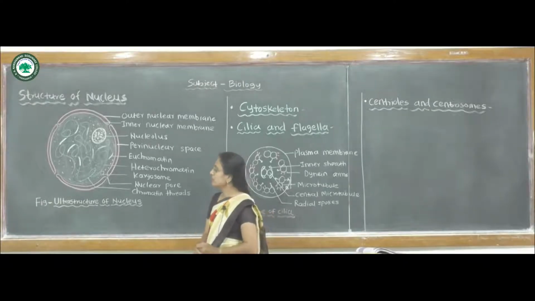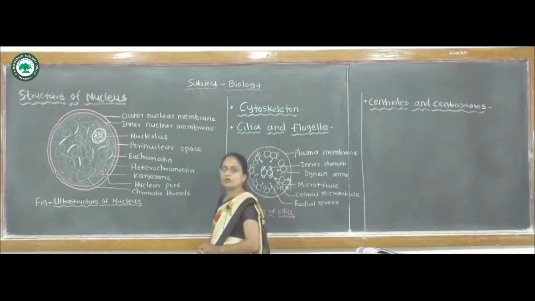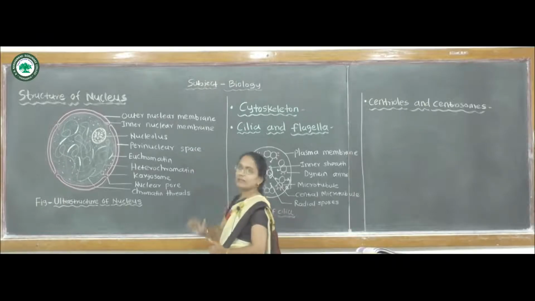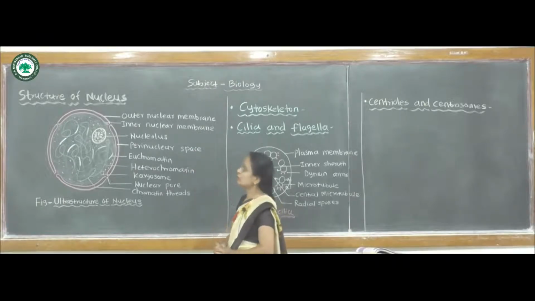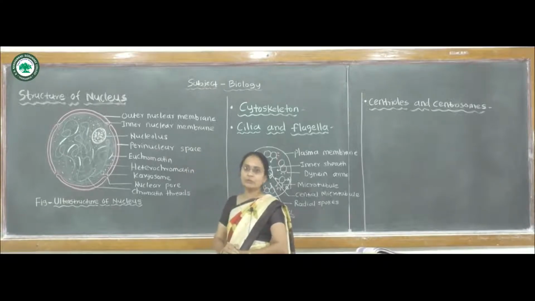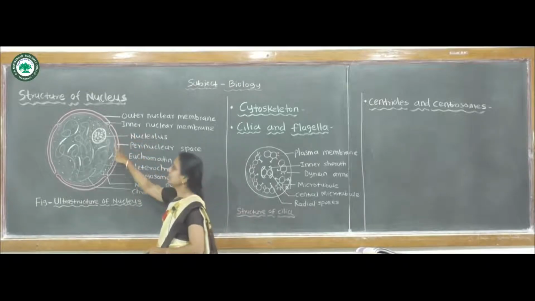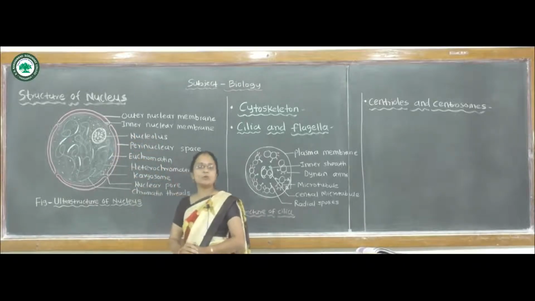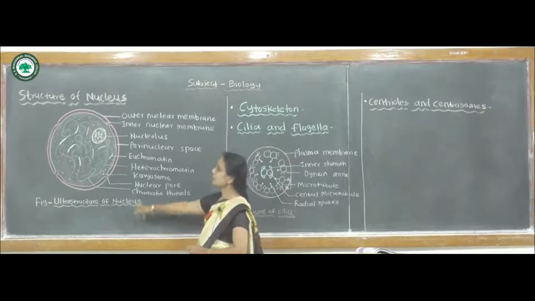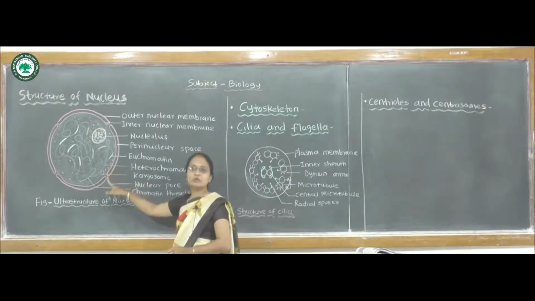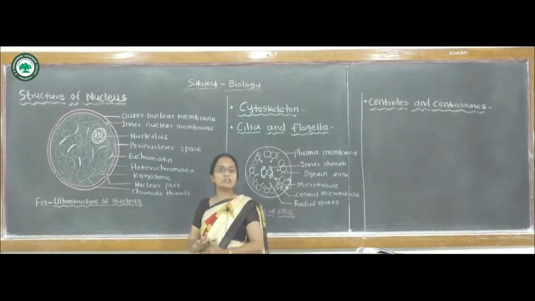Here is the ultramicroscopic structure of the nucleus as seen in this diagram. It is a double membranous cell organelle, showing the outer as well as the inner nuclear membrane. The outer membrane and inner membrane are separated from each other, and the space between these two membranes is known as the perinuclear space.